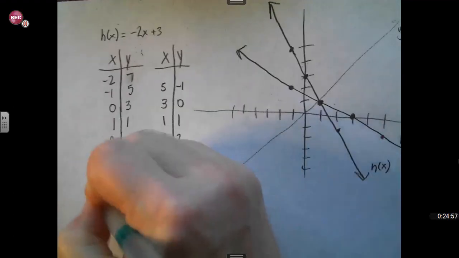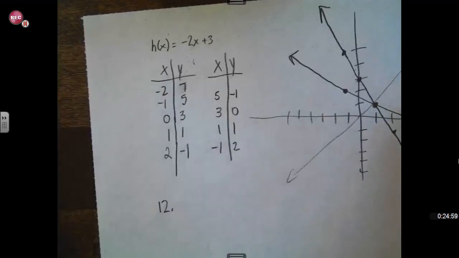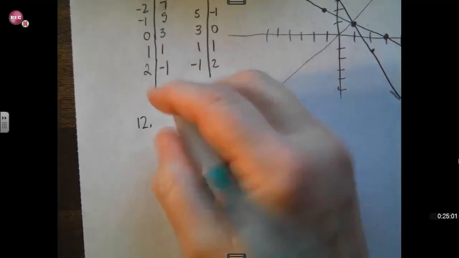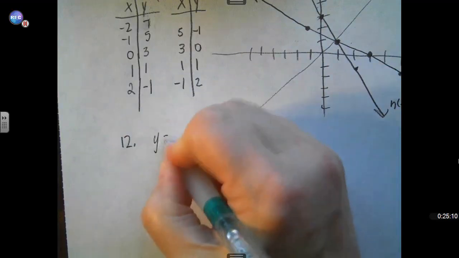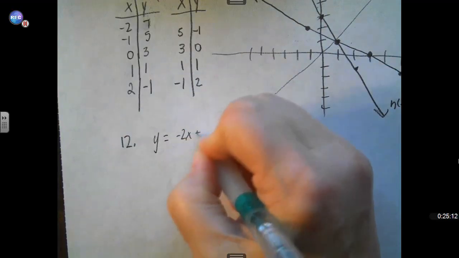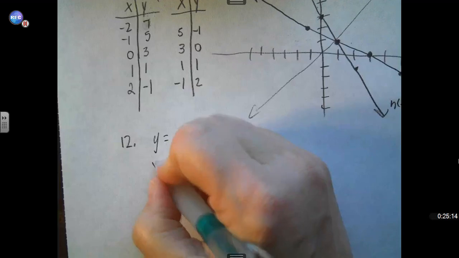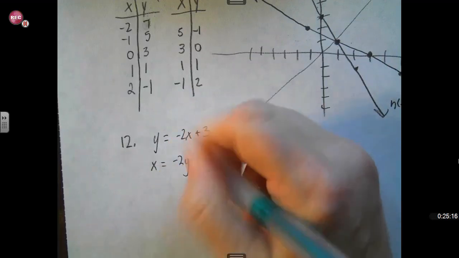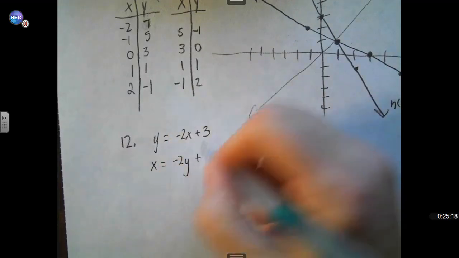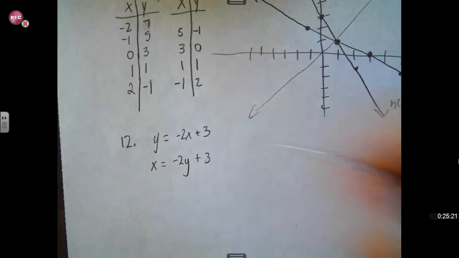So for number 12, it says find a rule for h inverse of x, and that means write the equation for the inverse. The way I do that is I say y equals negative 2x plus 3, and then I interchange x and y, because that's what an inverse is defined as.